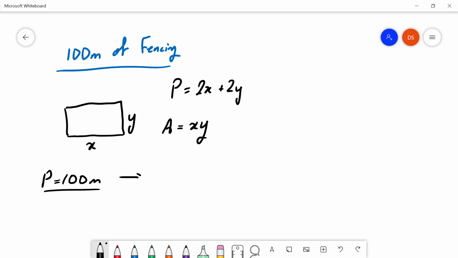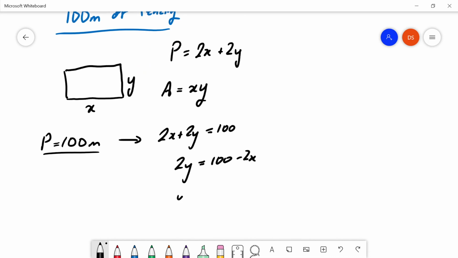So that then means that 2x plus 2y equals 100. So can I form a relationship because I'm trying to optimize the area? Yes, I can. So what I'm going to do is make y the subject of this: 100 minus 2x, and so y is equal to, divide everything by 2, 50 minus x.